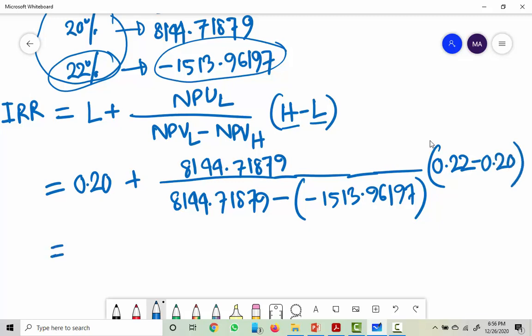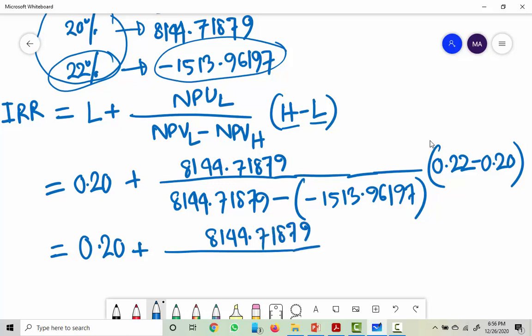So now if you calculate, in the numerator we have 8144.71879, and this minus and this minus will always become plus in the IRR formula.